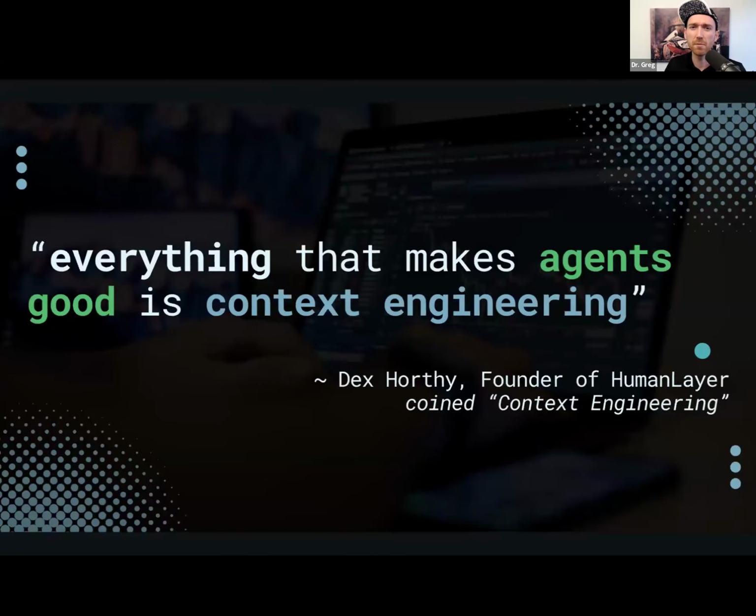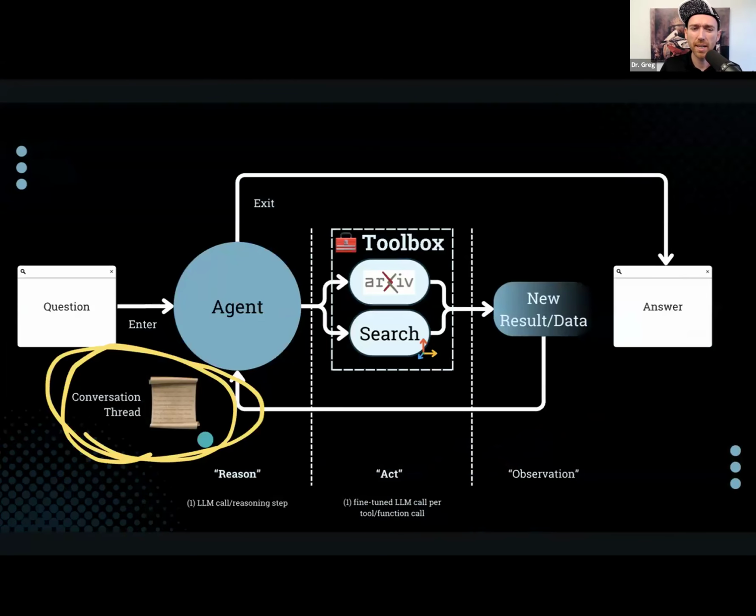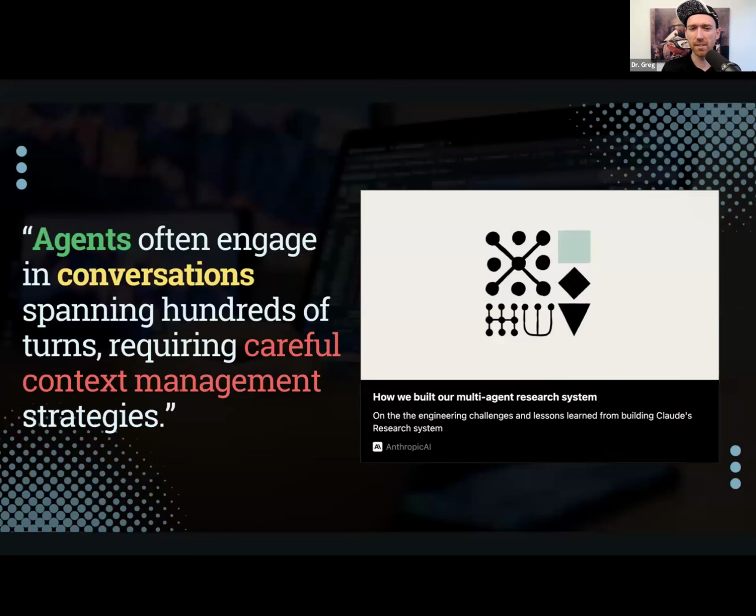We're doing the stuff that manages what we're putting into the context window, the conversation, as it increases. Because as agents engage in this kind of conversation, it can grow hugely, massively. And it requires very, very careful context management strategies, from pruning to augmentation to all sorts of interesting things.